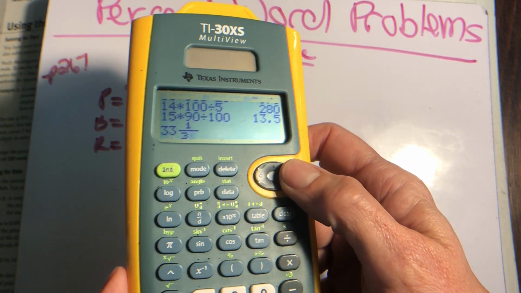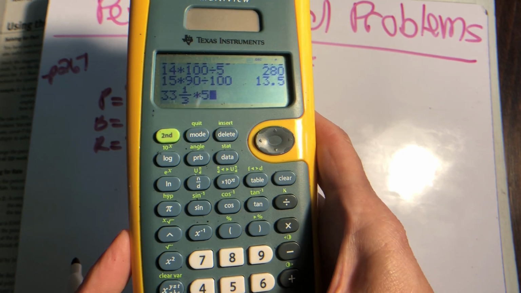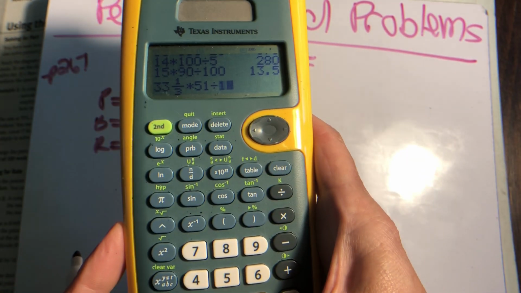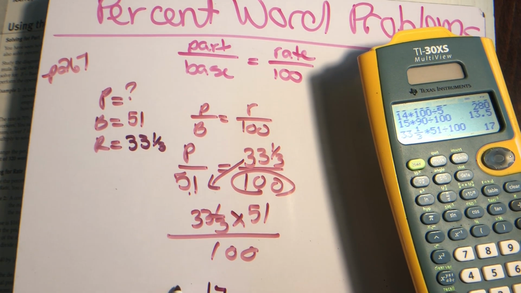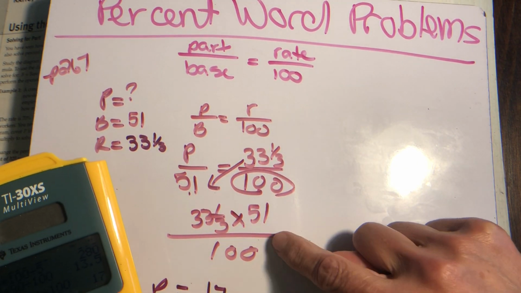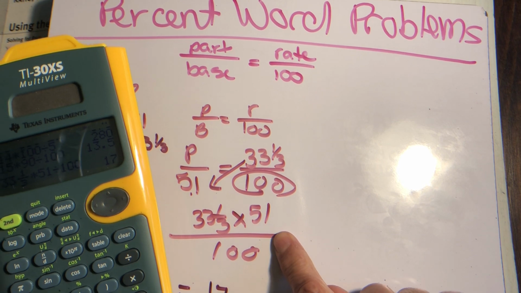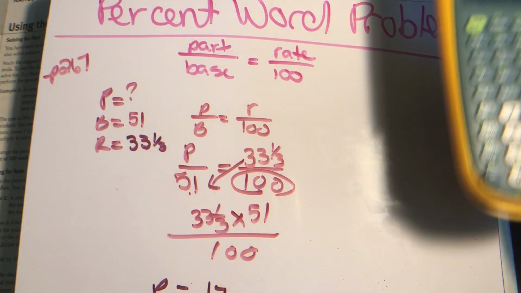Move the cursor over, times 51 divided by 100. And it's 17. So your part is 17. If you want to put it in just like that, you still could do it like that with the line as a fraction. But, you know, it's multiply and divide. So that's how you do it, okay?